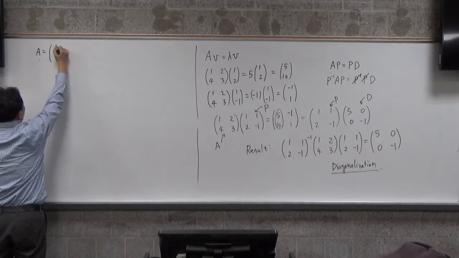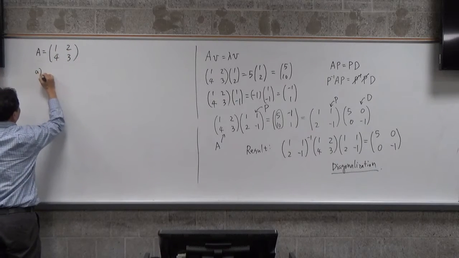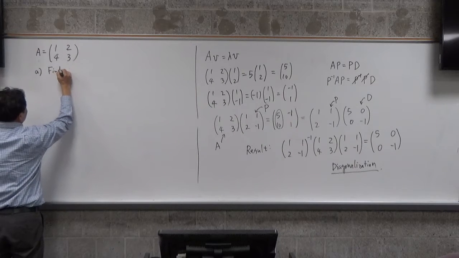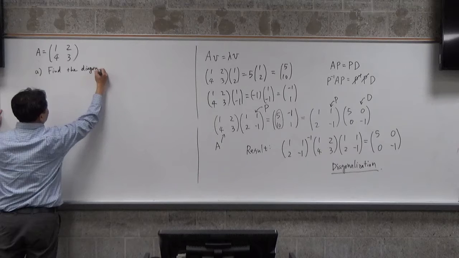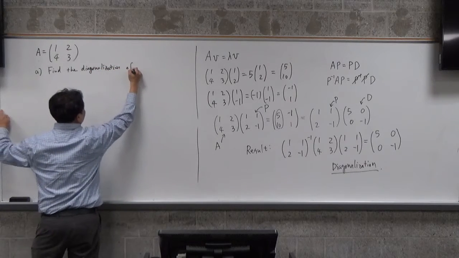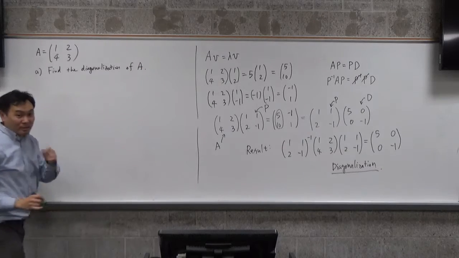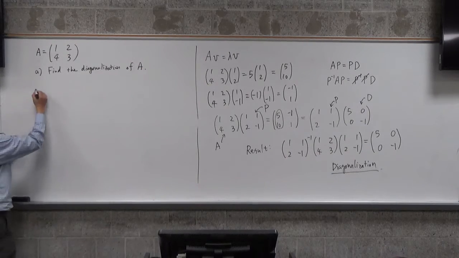A equals 1, 2, 4, 3. A, find the diagonalization of A. Okay, that's number one, which we already did, right?